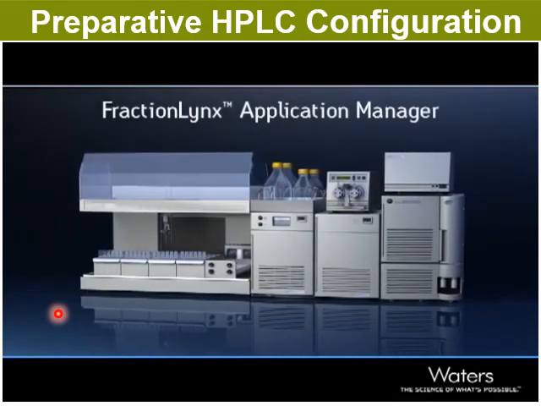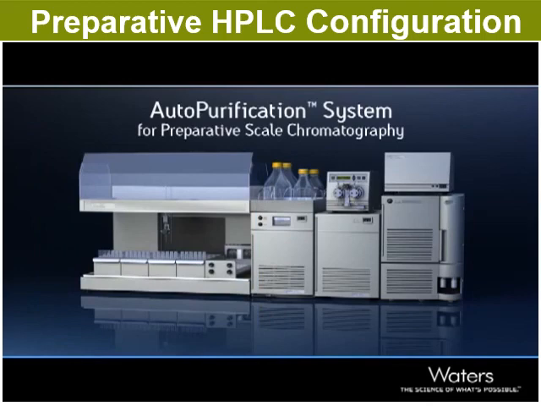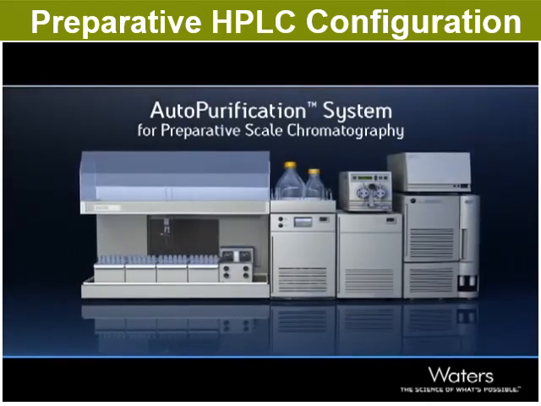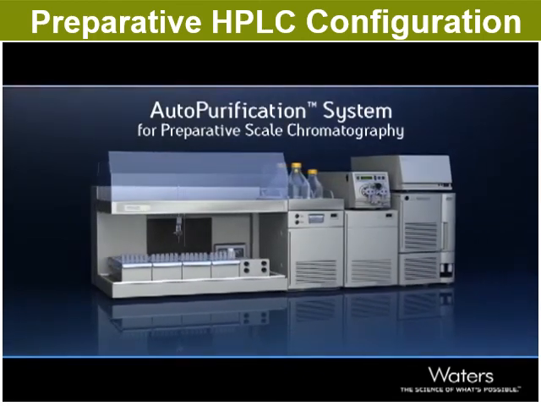All the steps in the purification process are automated through Waters' FractionLynx Application Manager. The OpenLynx Open Access Application Manager can make the process accessible to any chemist. The auto purification system from Waters is designed to make purification highly accessible and available to satisfy all your laboratory's needs.